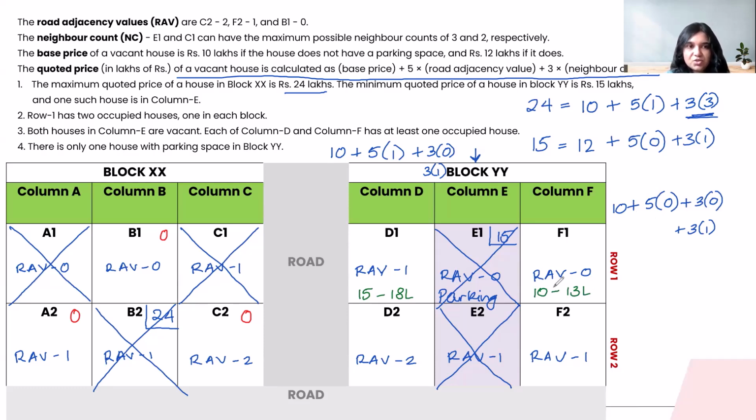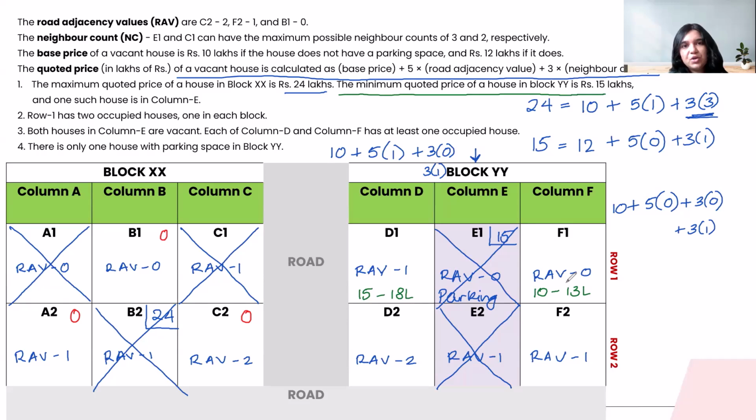Now, this range comes in contradiction with the particular statement that says the minimum quoted price of a house in block YY is 15 lakhs. So that means I cannot have F1 to be a vacant flat. That means it has to be the occupied one.